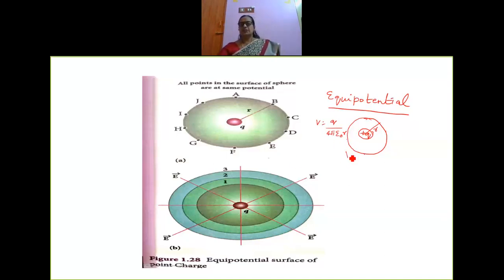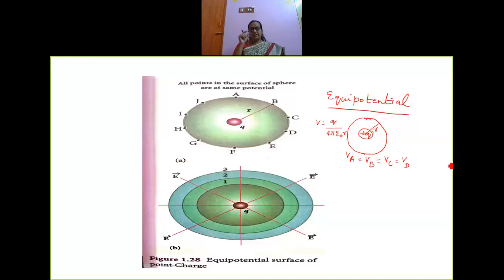That is, potential at A is equal to potential at B equal to potential at C equal to potential at D. It goes on like this. So all the points on the sphere will have the same potential. So such a surface is called an equipotential surface.